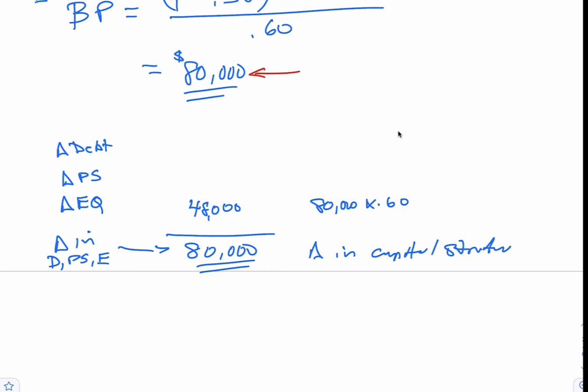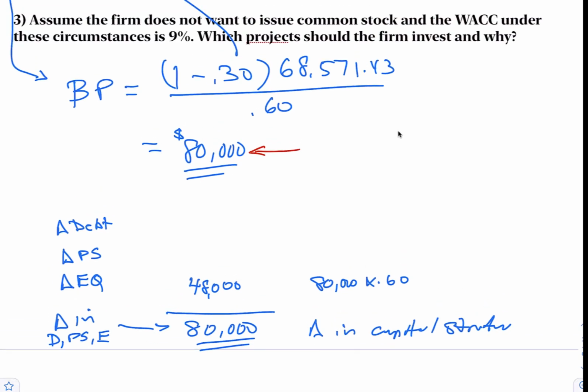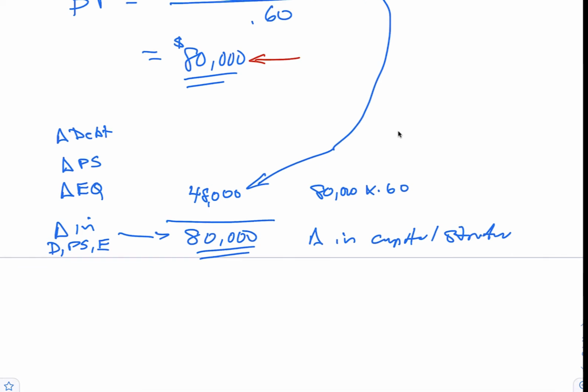That is the increase in retained earnings. That's this number right here. This number turns out to be $48,000. 70% of $68,571 is 48,000. Another way to compute it is this breakpoint, which is the change in your total capital structure, times 60%. That's the increase in retained earnings.